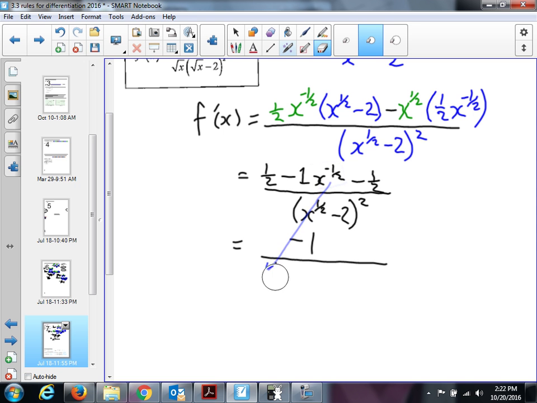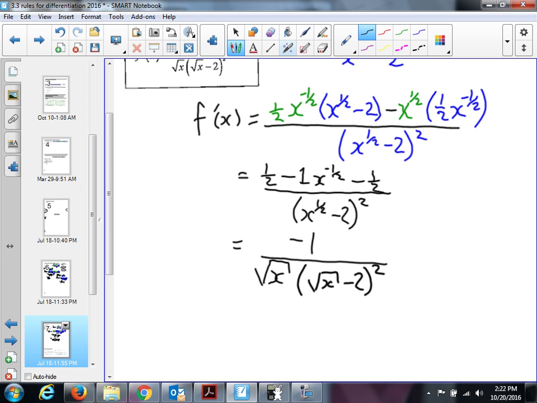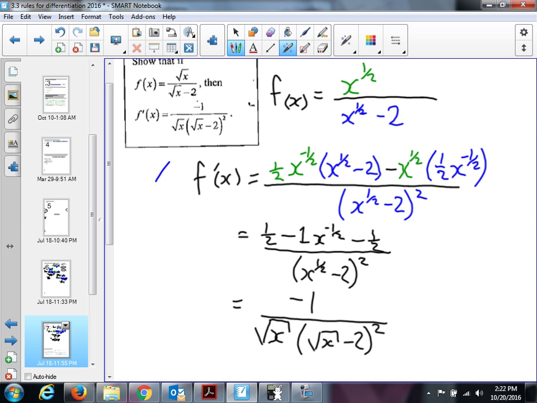I'm going to use the square root notation, so radical x. Same thing as x to the 1/2, but now it looks more like the expression we're supposed to come up with. And then the square part of it still sits there, except I'm going to use radical x, or square root x, minus 2, all squared. Mission accomplished. Good. That's the same thing.